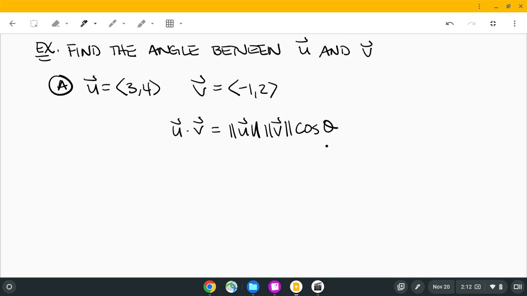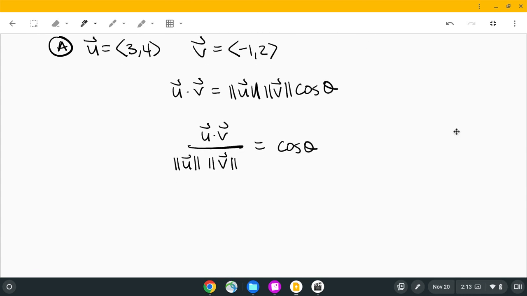So I'm trying to find theta, the angle between them. Let me just solve this for cosine theta. So u dot v all over the magnitude of u times the magnitude of v equals cosine theta.